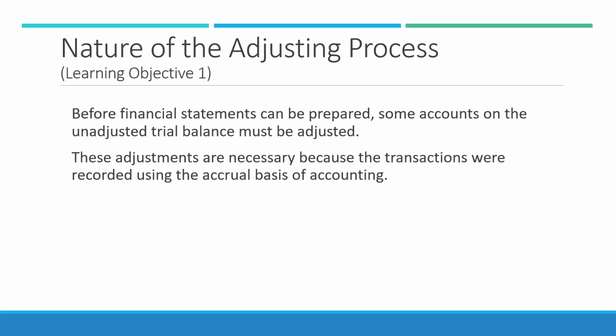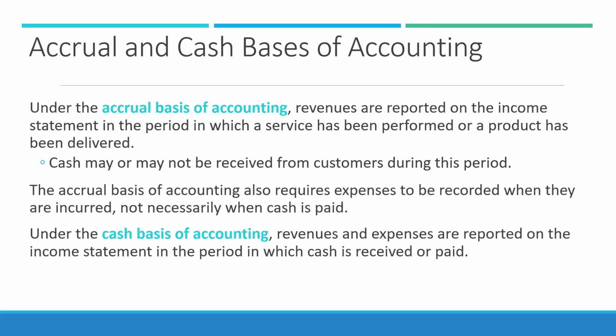So with the accrual basis of accounting, we record revenues when we earn them. We record expenses to match those revenues they help to make. Under the accrual basis of accounting, revenues are reported on the income statement in the period in which a service has been performed or a product has been delivered.